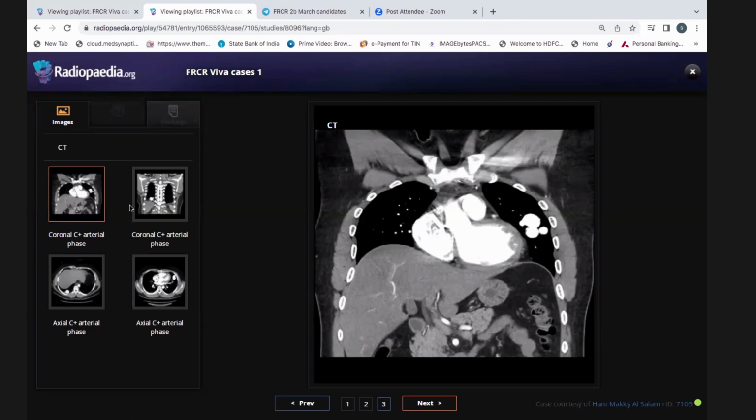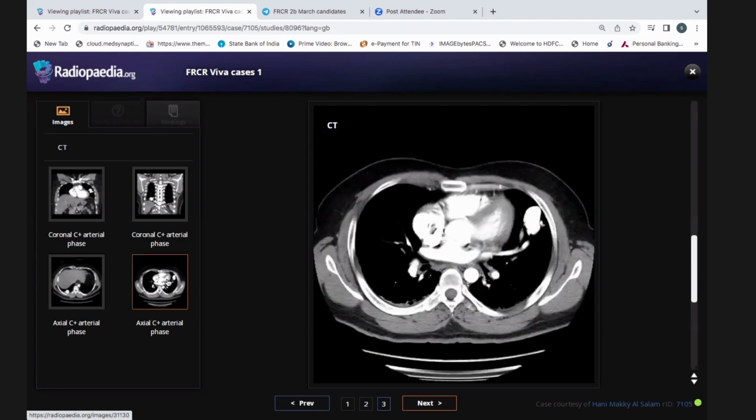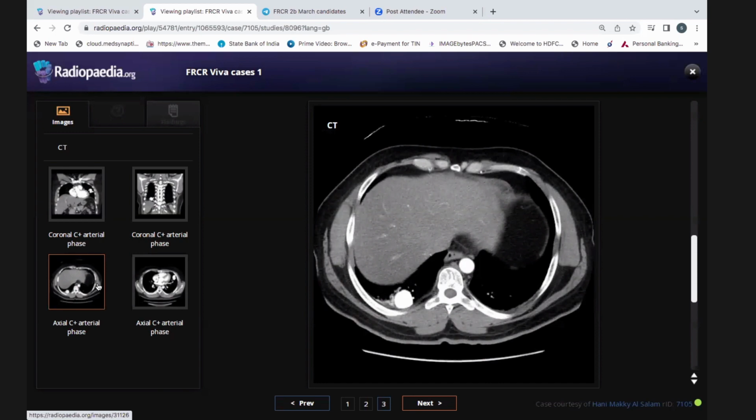This is static images, some selected images of chest, confirming the presence of vascular structures at the left lung with a vascular channel extending from pulmonary vessels.